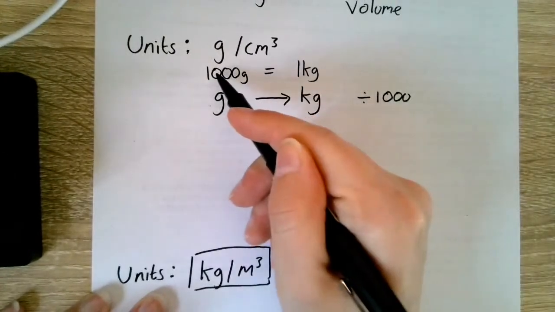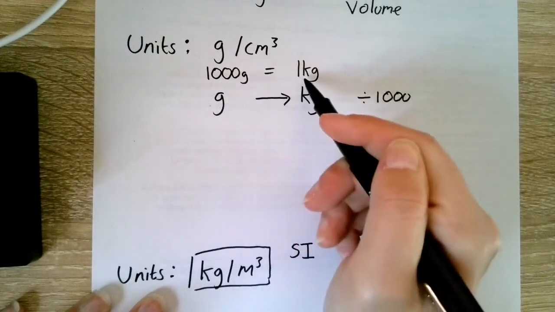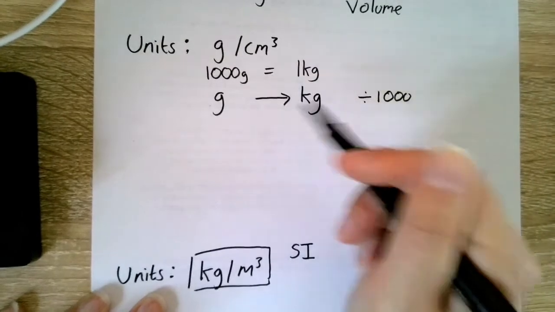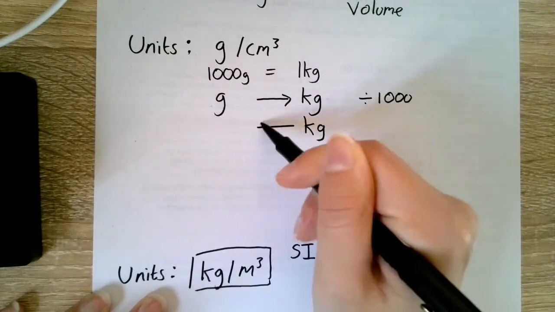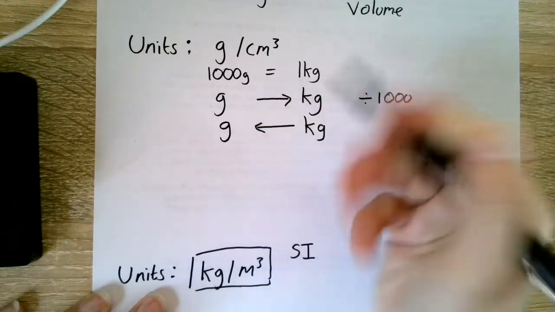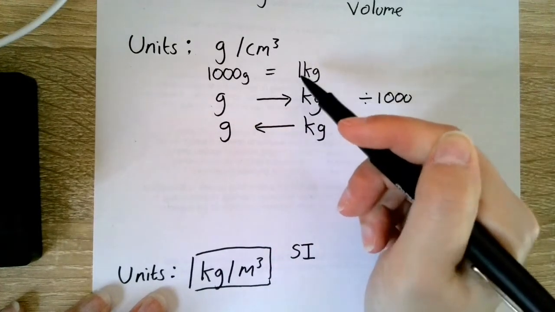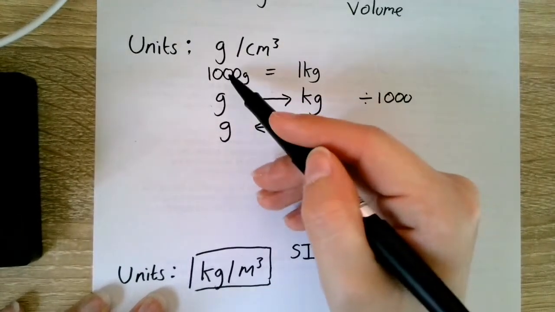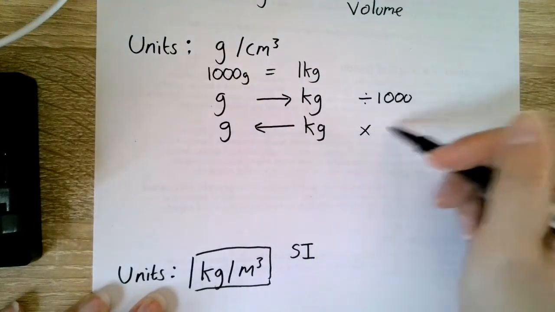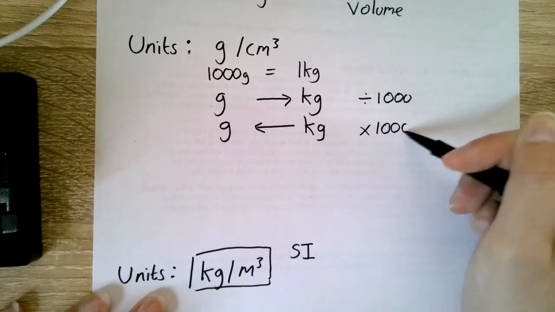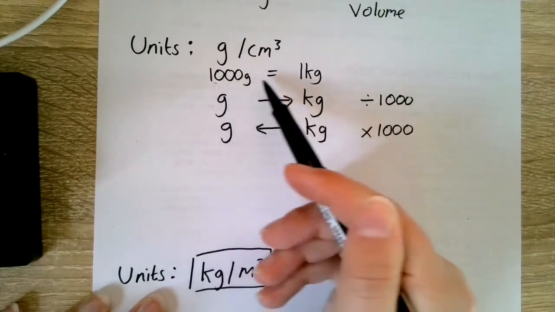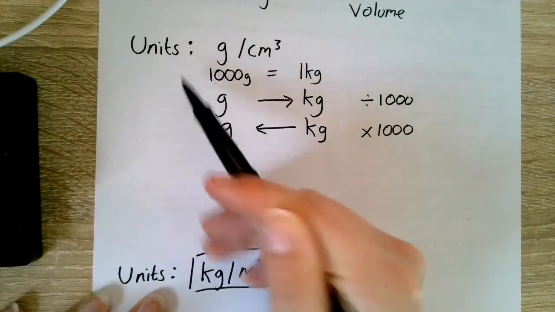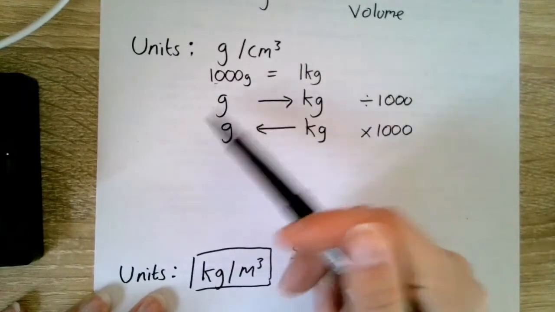Whereas if we wanted to go from kilograms to grams, we do 1 kilogram times 1,000 to get to grams. So if you can remember that 1,000 grams equals 1 kilogram, then you can convert.